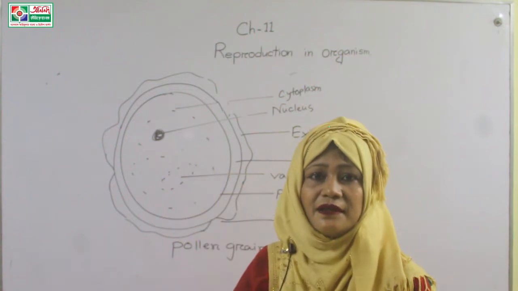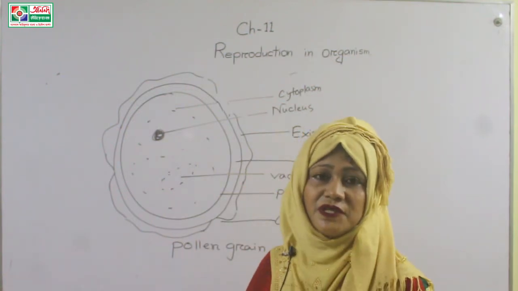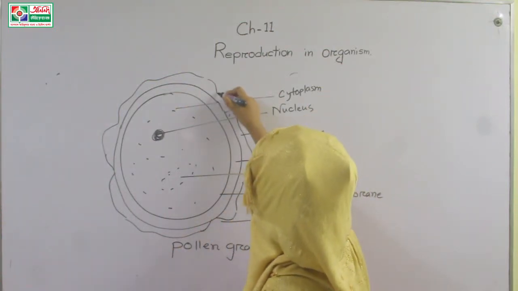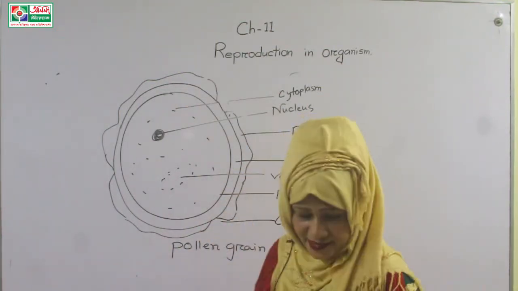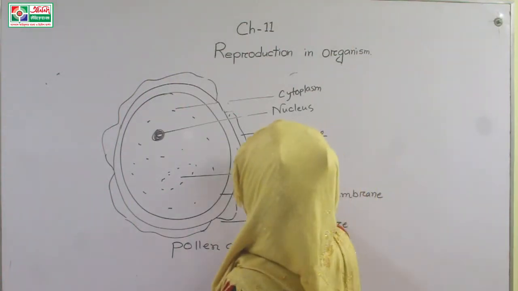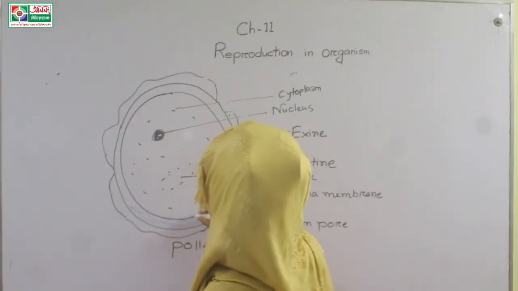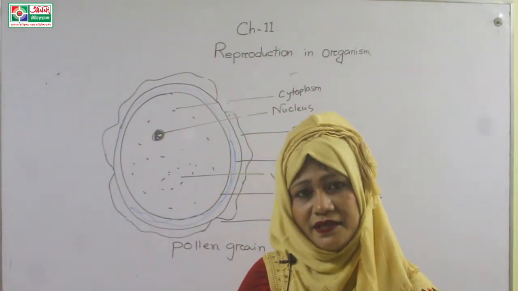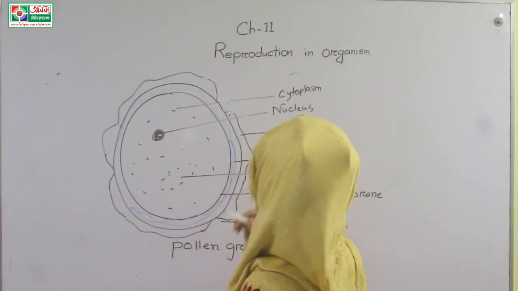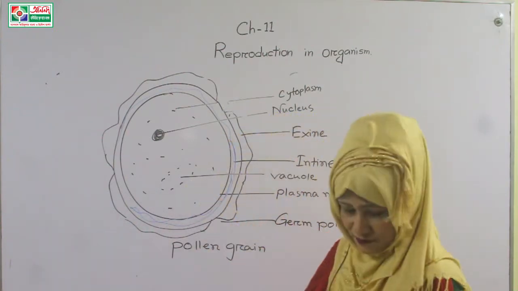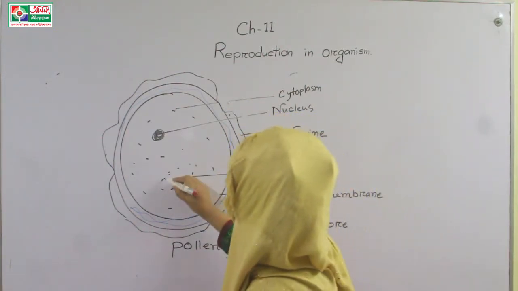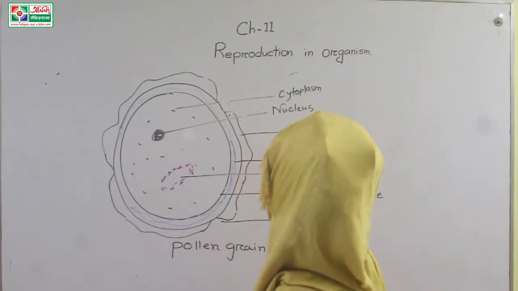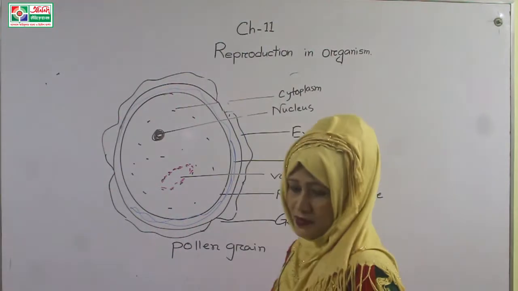That means the exine is the toughest organic substance in the world. This one is the exine. Now intine: intine is thin, delicate and elastic in nature. This one is the intine. And this one is the vacuole, plasma membrane, nucleus and germ pore.